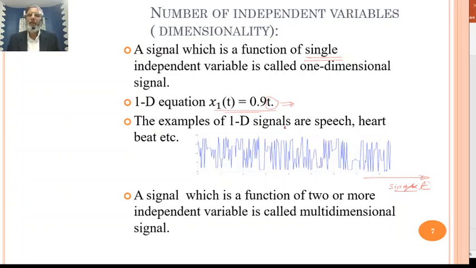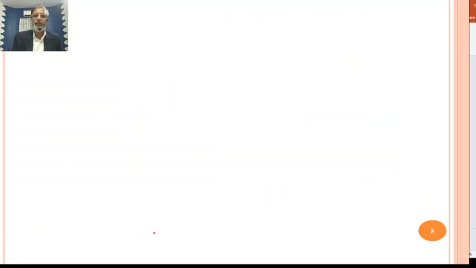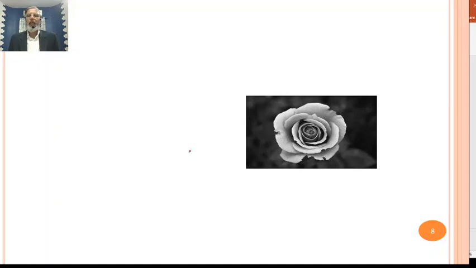In case of the heartbeat, the speed of the heartbeat is a function of only a single independent variable, and this signal is called a one-dimensional signal. A signal which is a function of two or more independent variables is called a multi-dimensional signal. Now this black and white photograph is the example of a two-dimensional signal.